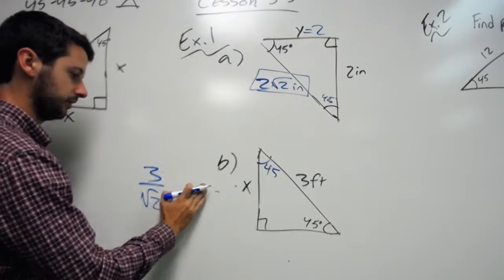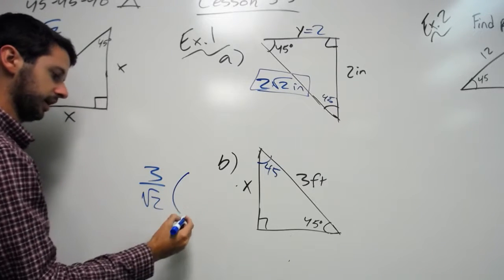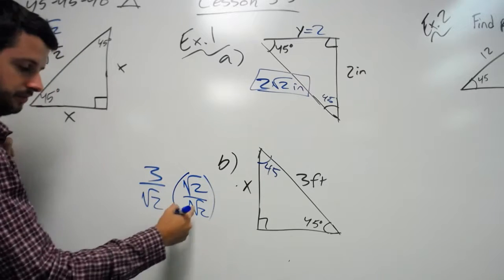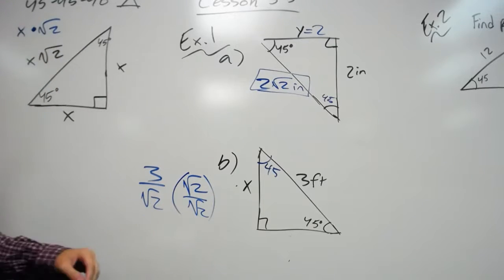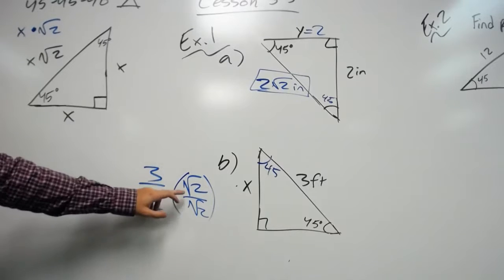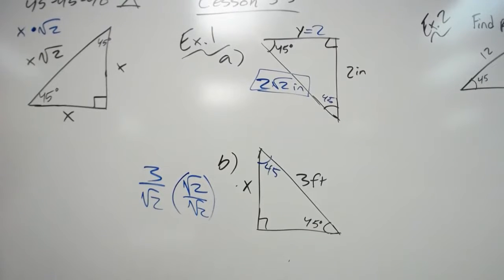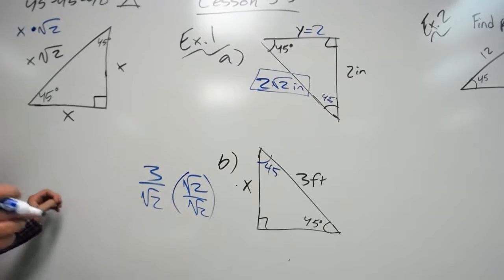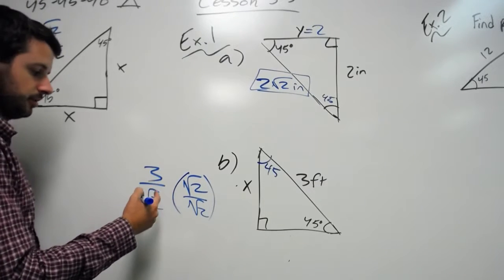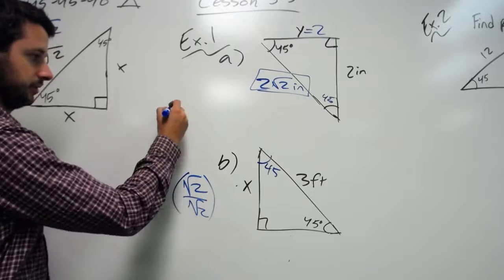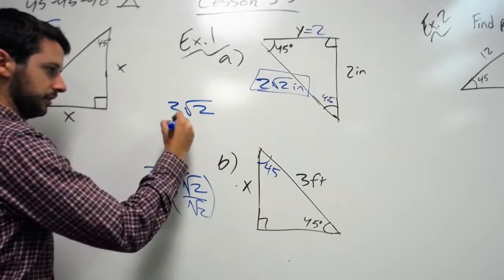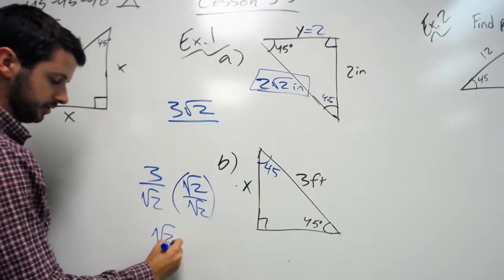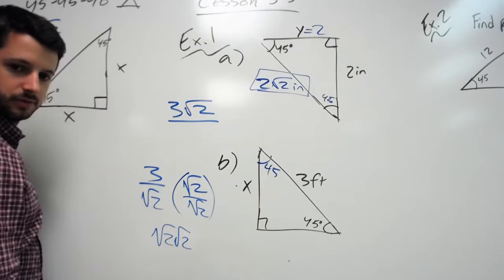So to get rid of that, all we actually do is multiply by radical 2 over radical 2. That's the same as multiplying by 1, because this divided by itself is 1. But notice what happens when we multiply by radical 2 over radical 2. In the numerator, we do 3 times radical 2 and get 3 radical 2. And in the denominator, we do square root of 2 times square root of 2.